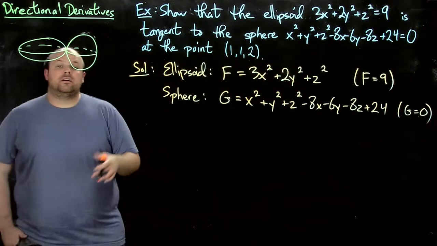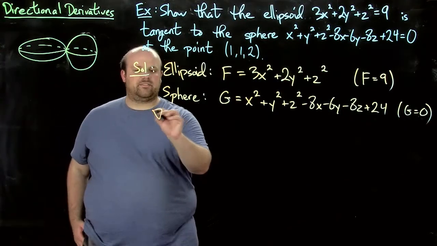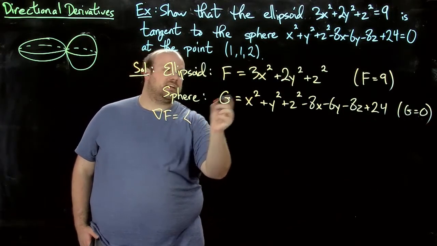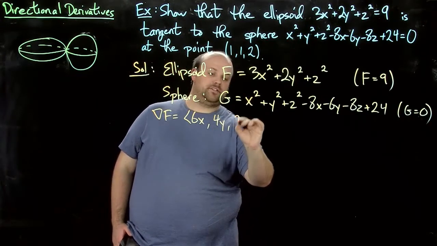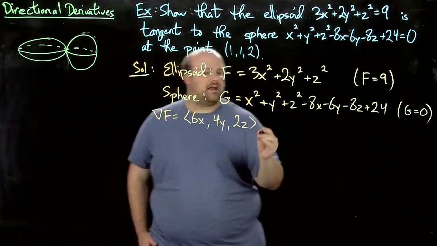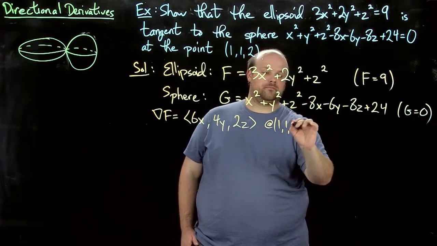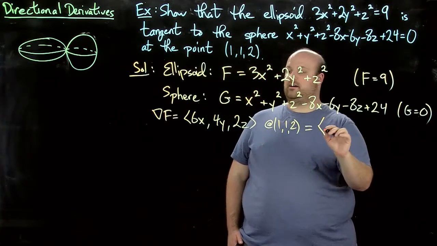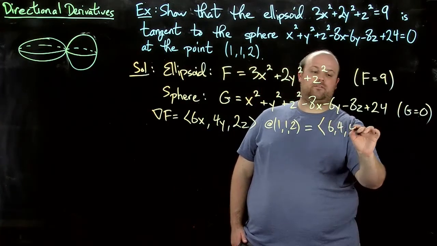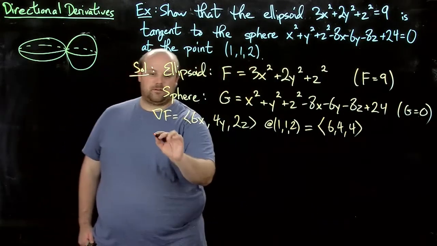Okay, so now we take the gradients. Gradient of f is 6x, 4y, 2z, and then at (1, 1, 2), this is (6, 4, 4). Now let's do the same thing for gradient of g.